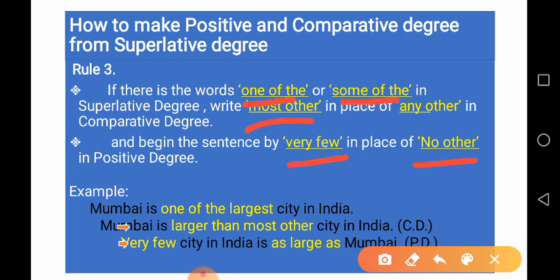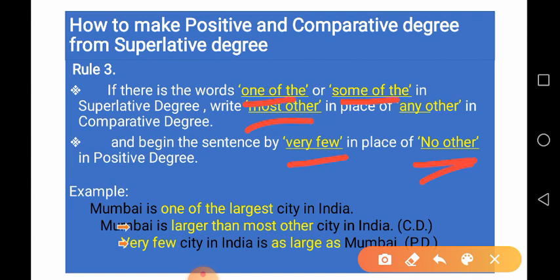Have you understood? See, what is the change? If there is one of the or some of the in the superlative degree, use most other in place of any other, or use very few in place of no other in the positive degree. Here you can understand it better by this example.